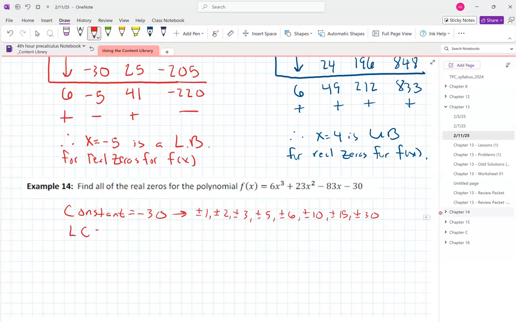And my leading coefficient is 6, so my factors are 1, 2, 3, 6. Ay caramba, that's going to be a long list if I wanted to write that all out, right? But again, we agreed we weren't going to enumerate every possibility. We're just going to write it in this kind of compacted form.